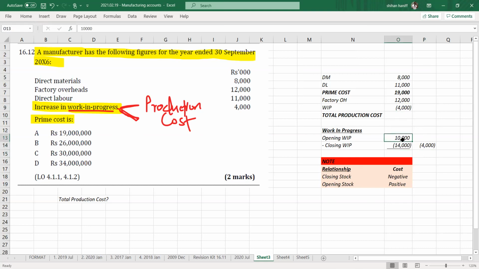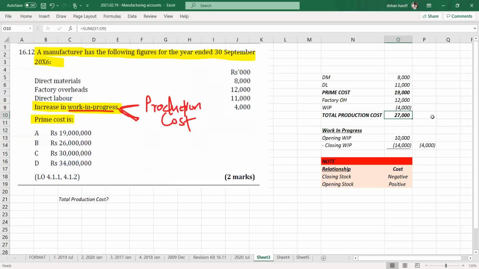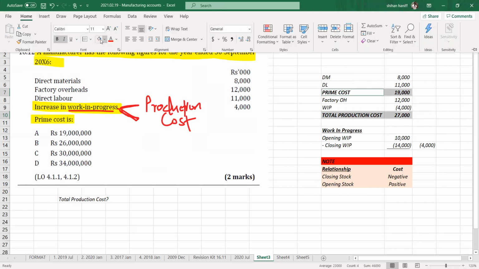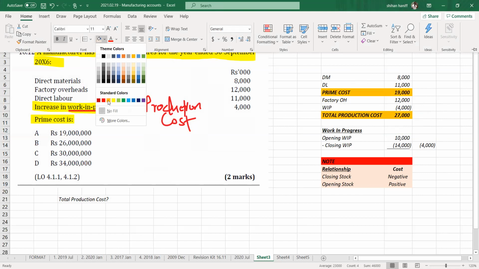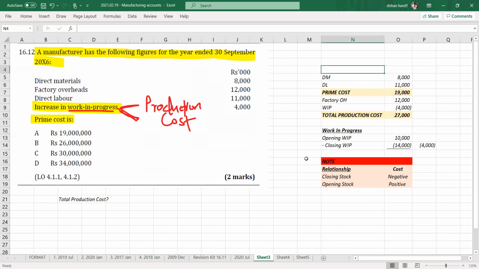See, from 10,000 to 14,000, the work in progress has increased. Then the cost will reduce by 4,000. Okay. So total production cost will be 27,000. Any doubts?